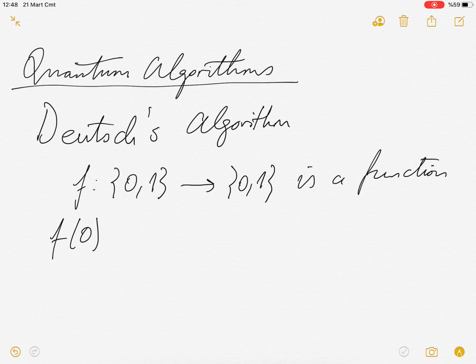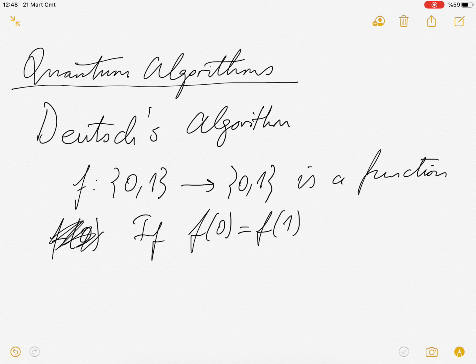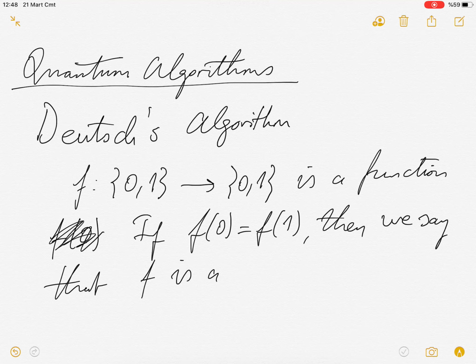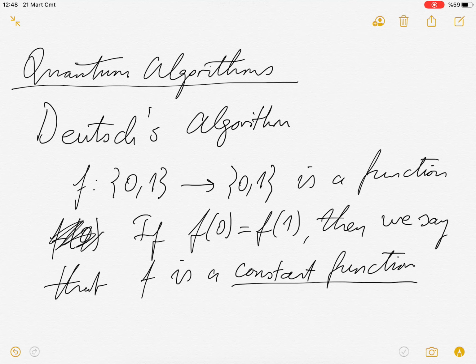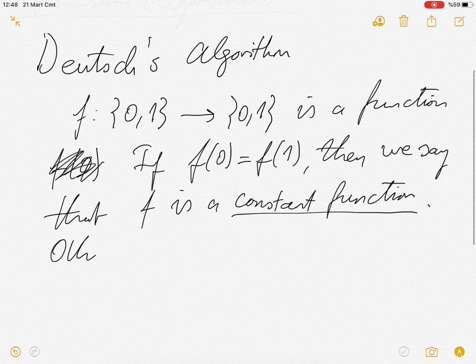If f(0) equals f(1), then we say that f is a constant function. Otherwise, if f(0) is not equal to f(1), f is balanced.